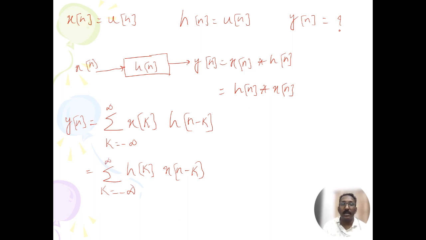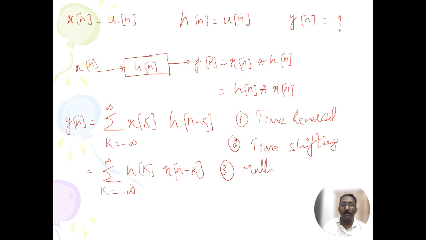If you observe, convolution involves 4 steps. One is time reversal. Second one is time shifting. Third one is multiplication. And fourth one is addition.